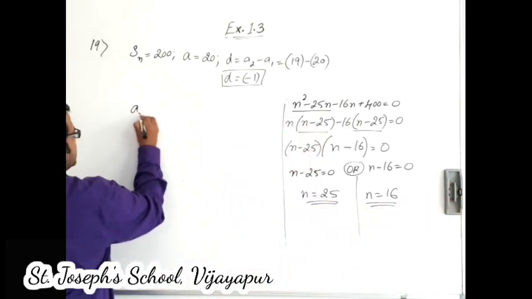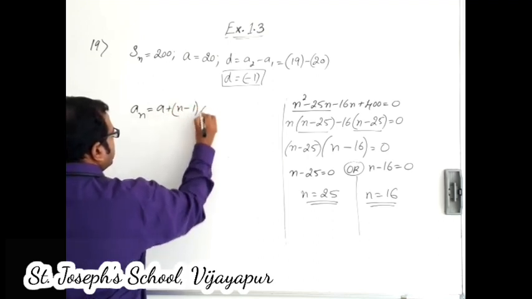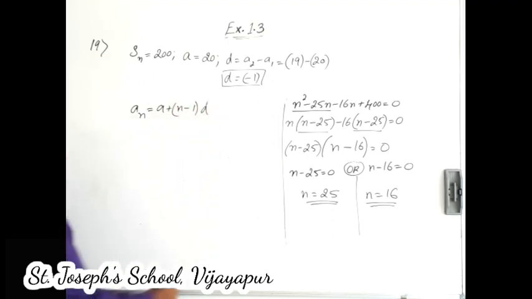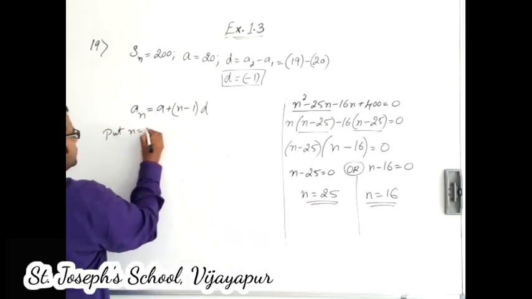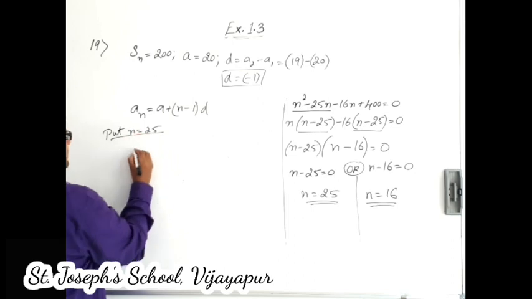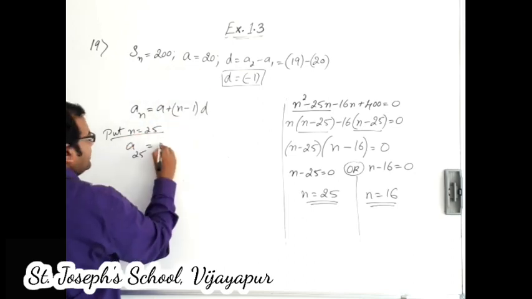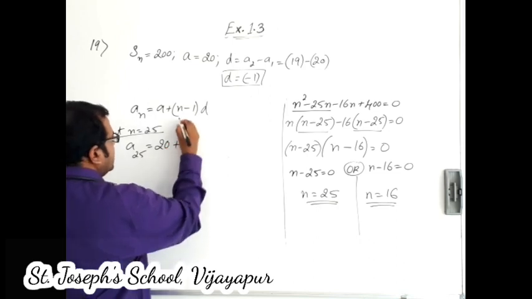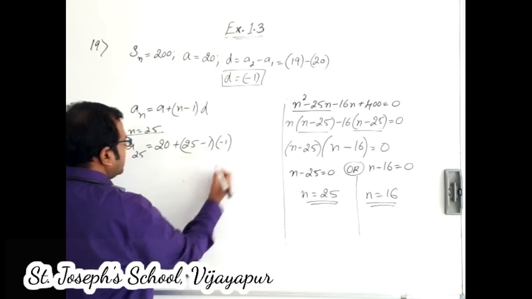So a_n is equal to a plus n minus 1 into d. Let us consider first, put n is equal to 25. What will happen? a_25 is equal to a, which is 20, plus n, which is 25, minus 1, into d, which is minus 1.